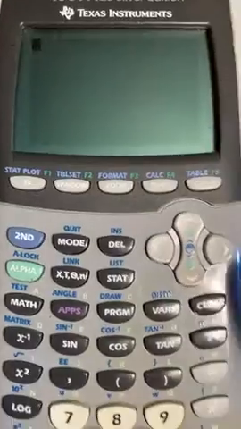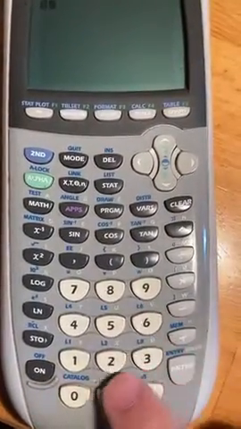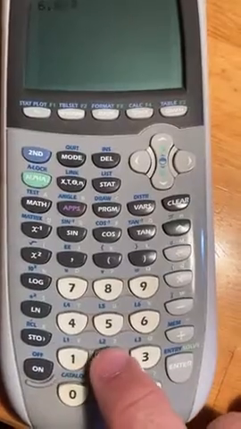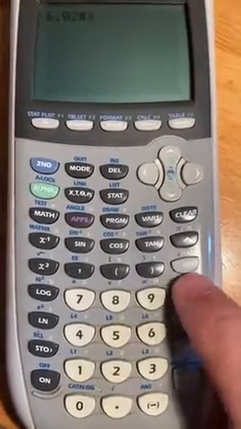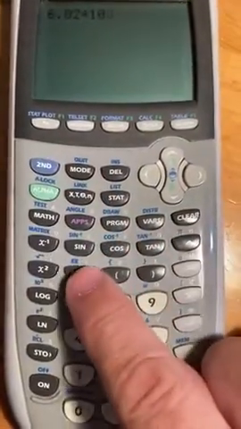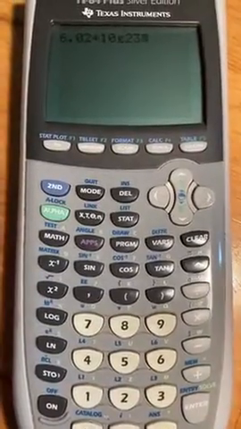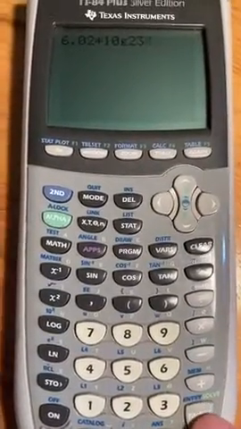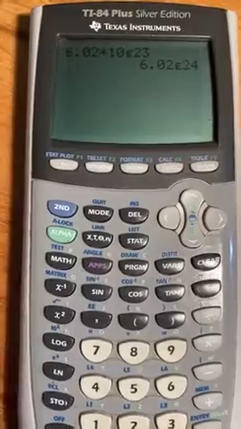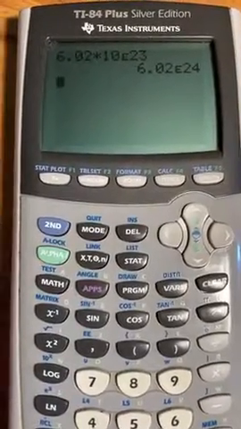But here's how some students go wrong. They do something like this. 6.02 times 10, and then they do the EE, and then the 23rd. Now, if you were to input a number like that, this is no longer to the 23rd, this is now actually to the 24th, because consider what you told the calculator to do.